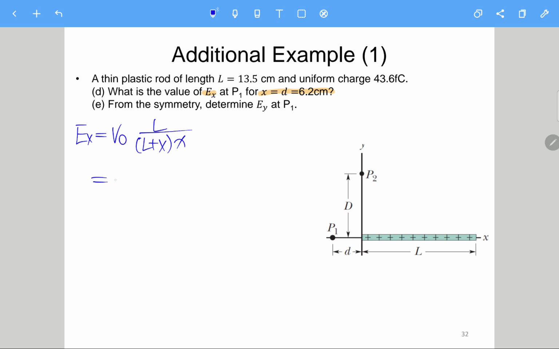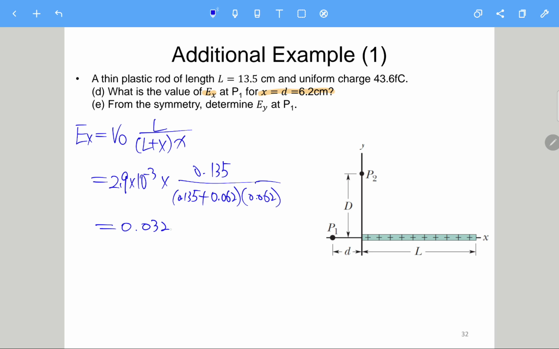We substitute 2.9 times 10 to the minus 3 times 0.135, and then 0.135 plus 0.062 times 0.062. So it will be 0.0321 nano per coulomb.